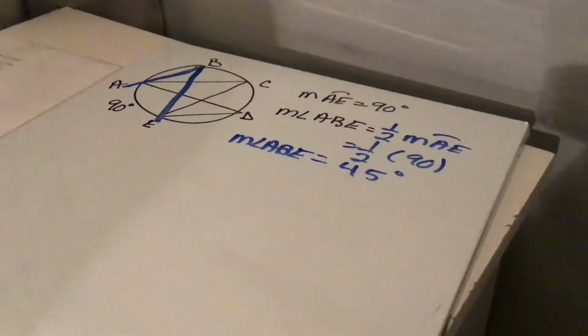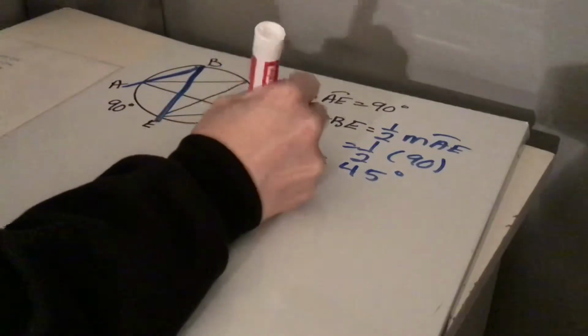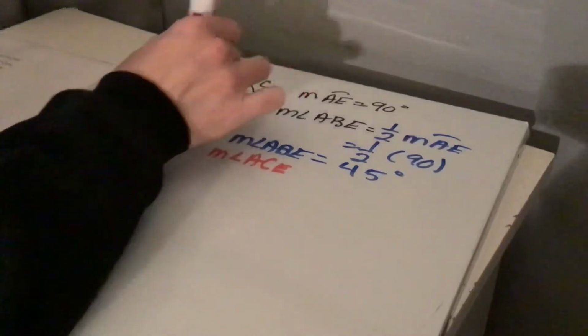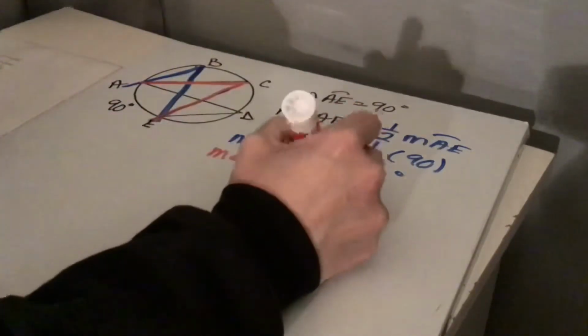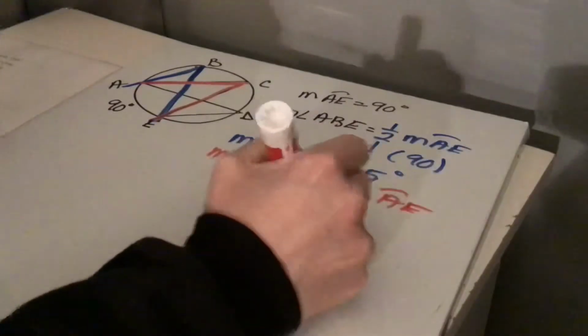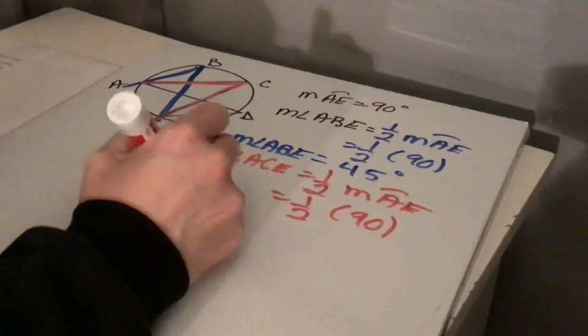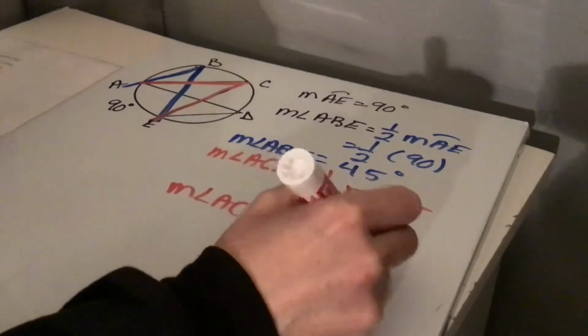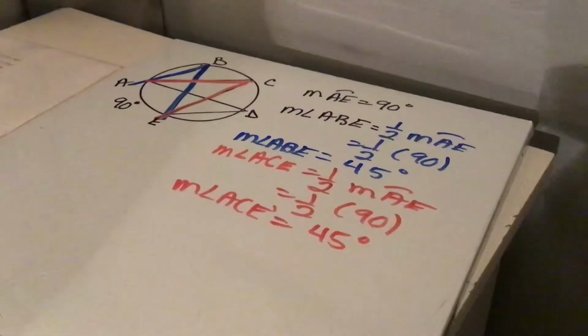Okay, next we're asked for the measure of angle ACE. So here is A, here is C, and E. So the angle is half the arc. The same arc, so the measure of angle ACE is also 45 degrees. Okay, and we're asked for the measure of angle ADE.